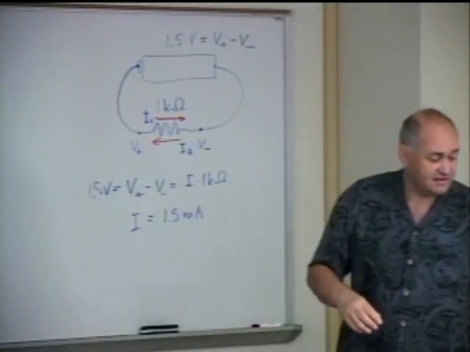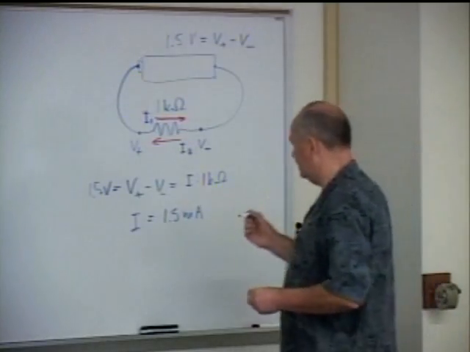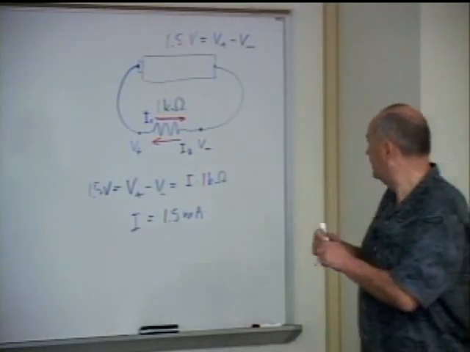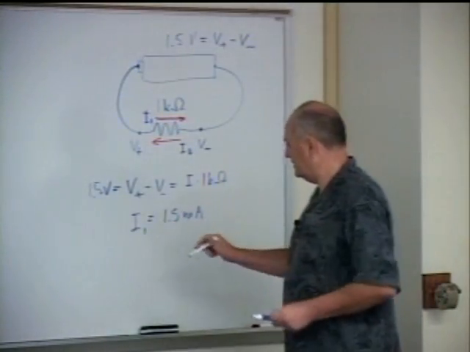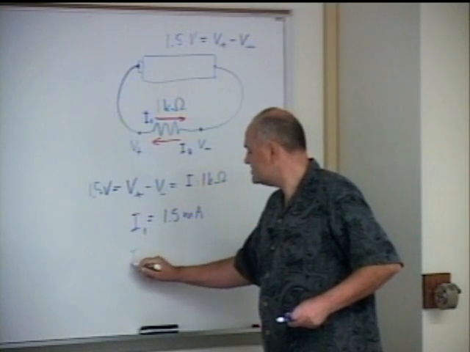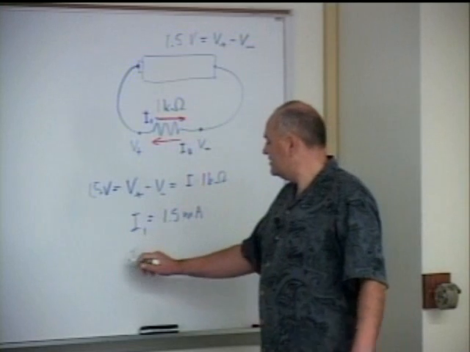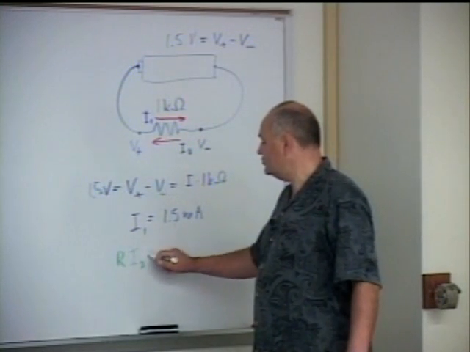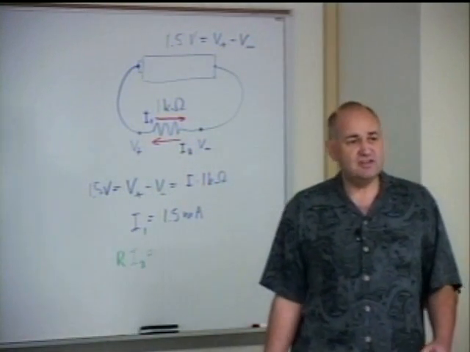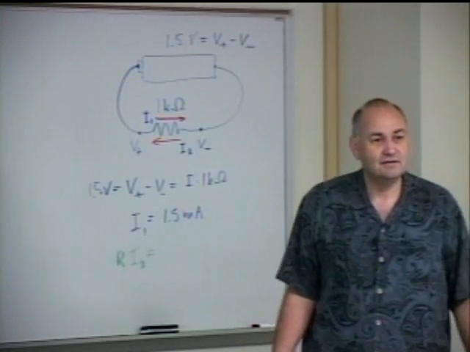Let's change the color. So this was current 1. Now let's find out current 2. If I multiply current 2 by the resistance of the resistor, I should get the potential difference across the resistor. But which one?